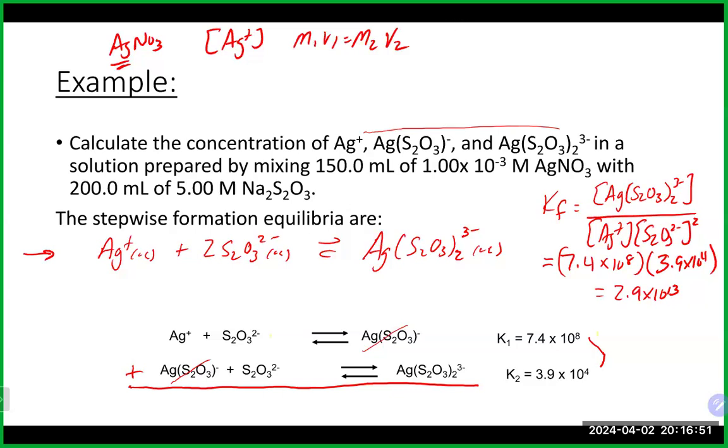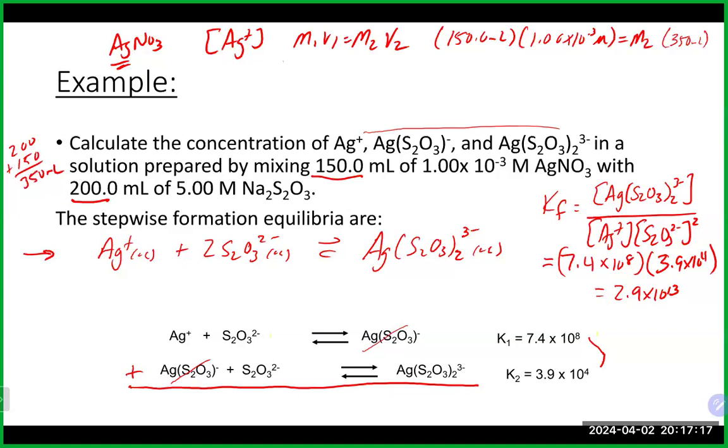So initially here, we've got 150 milliliters of our silver nitrate, 1 times 10 to the minus 3 molar, equals M2. Our total volume is 150 plus 200, so that is going to give us a total volume of 350 milliliters, which will be our V2 in this case.